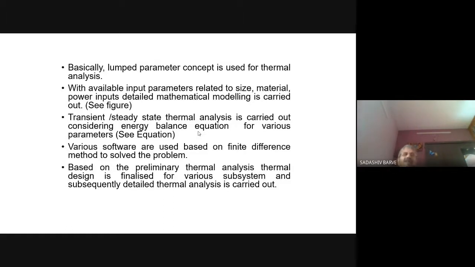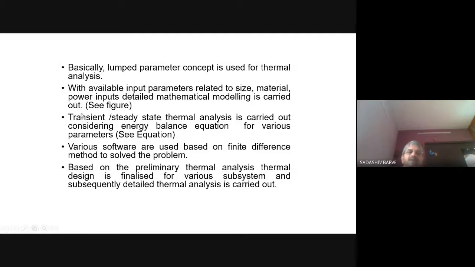With the available input parameters, when the satellite evolution is going on right from the beginning, whatever input is available at that particular instant, we keep taking those inputs for the analysis: parameters related to size, material, power input, and the detailed mathematical modeling that I showed you earlier is carried out.